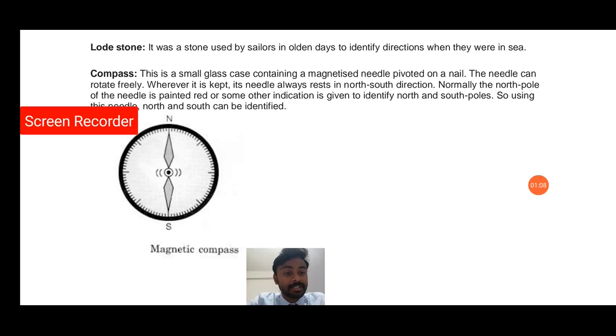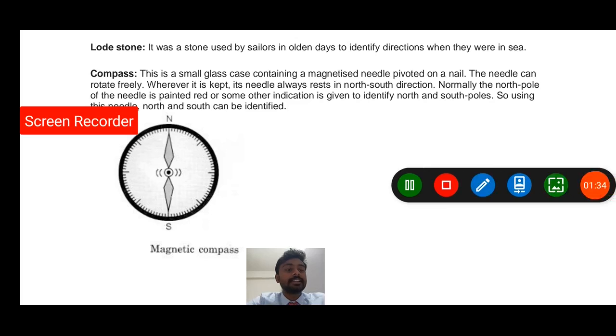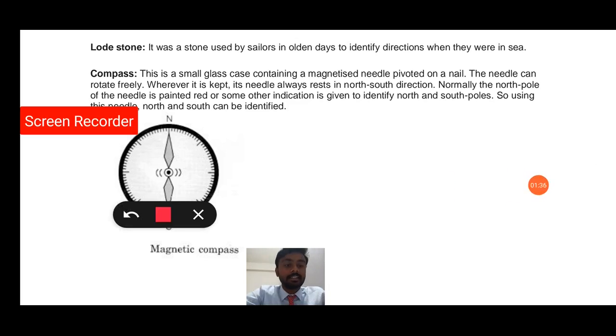It is very important. Listen to me. So this is a small glass case containing magnetized needles pivoted on a nail. The needles can rotate freely wherever it is kept. See students, these are the needles.